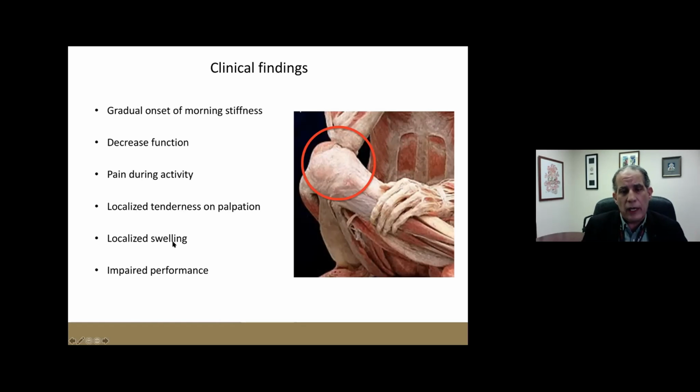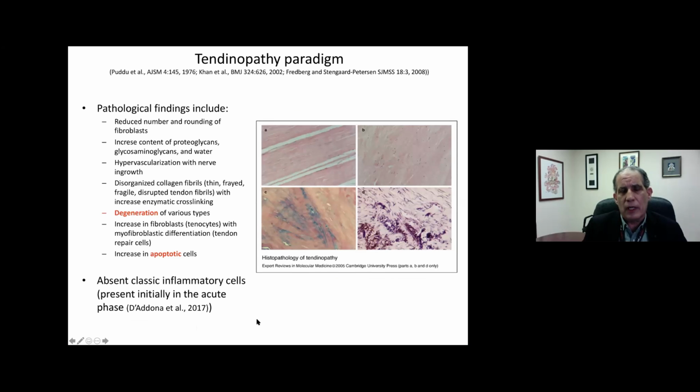There may be some swelling and there is impaired performance. The athlete will tell you that he or she cannot jump as high as before, or running becomes more difficult, and so on. So these are some of the things that you have to look for when you do the clinical evaluation of the patients.